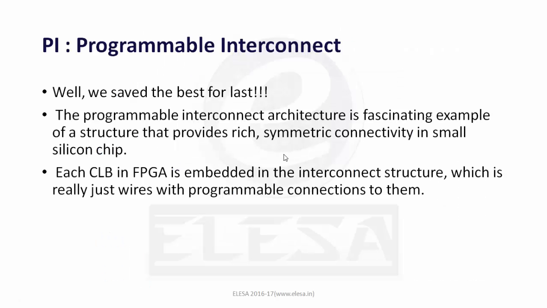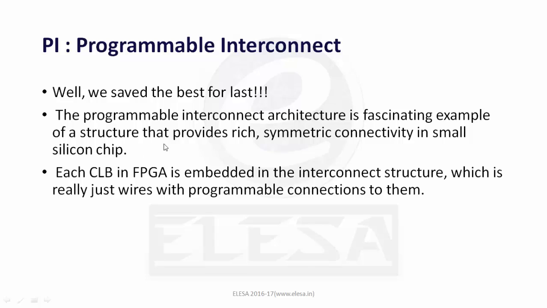So now we move towards the programmable interconnect. Well, this is the best which we have saved for last, because the programmable interconnect is actually the beauty of FPGA. This architecture is a fascinating example of a structure that provides rich, symmetric connectivity in a small silicon chip.